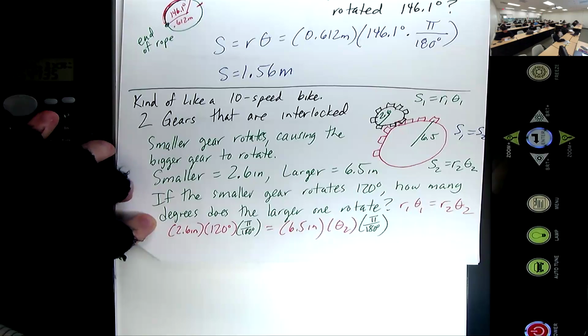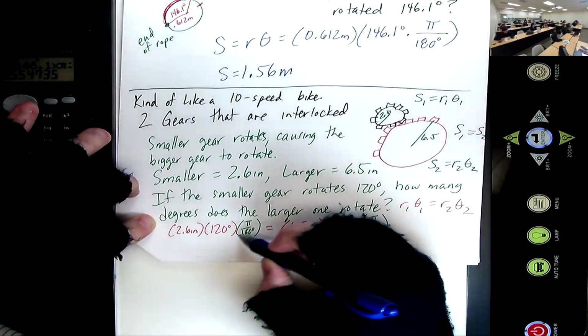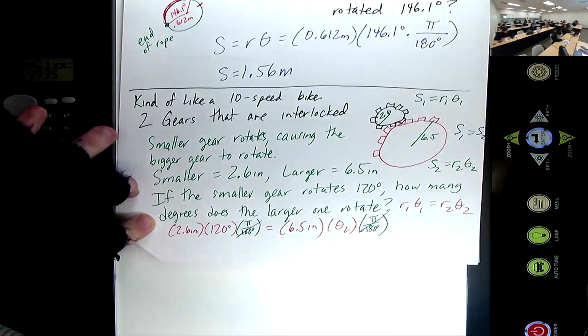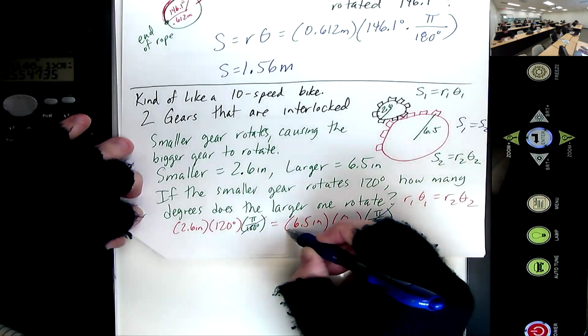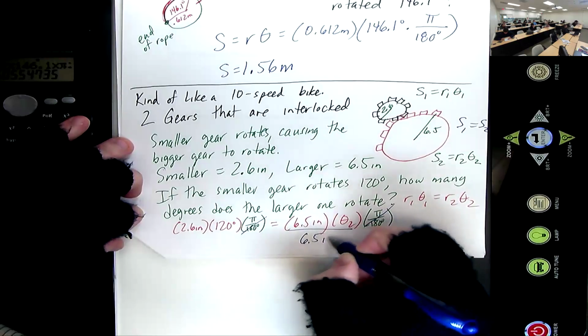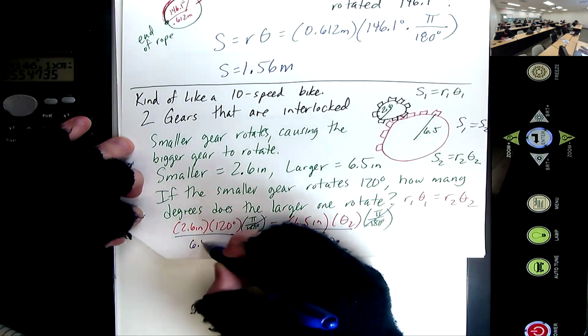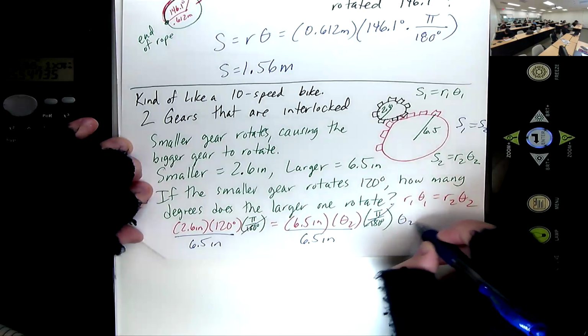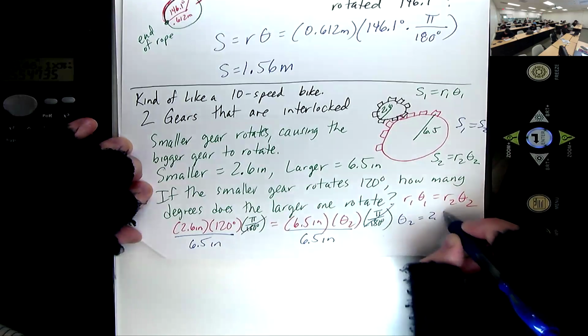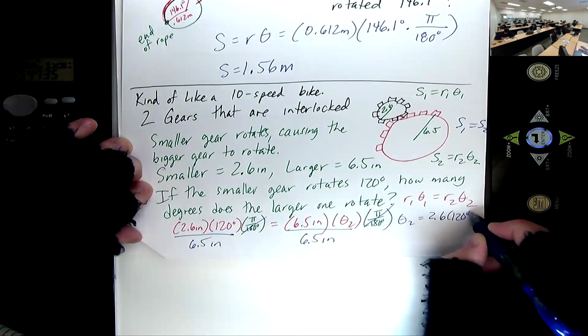If I divide both sides by pi over 180, they cancel out. So if I divide both sides by 6.5 inches, I'm gonna get theta 2 equals 2.6 times 120 divided by 6.5.